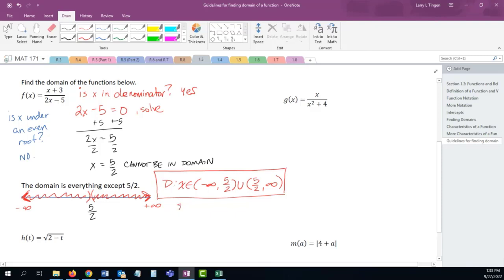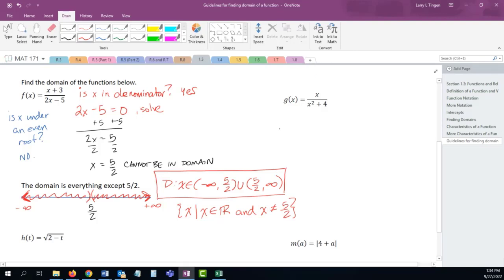In set builder notation, we would say x such that x is a real number and x is not equal to 5/2. That's another way to write it. So if you run into set builder notation, I want you to realize that's what you're looking at. Okay.